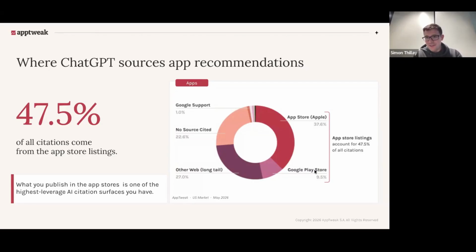We have hypotheses. Starting with the fact that it might be that the partnership that exists between OpenAI and Apple has led OpenAI to favor crawling the App Store in the training phase of ChatGPT.